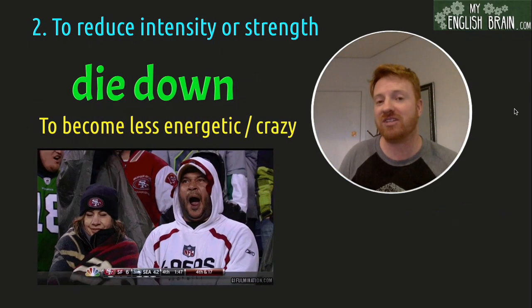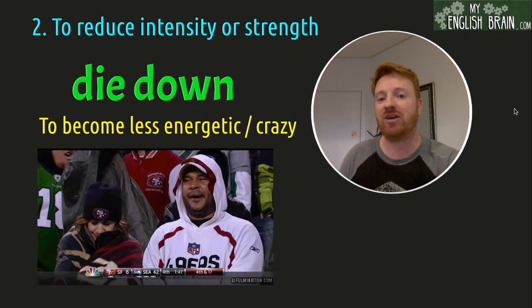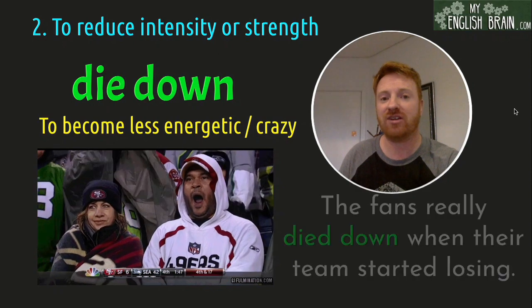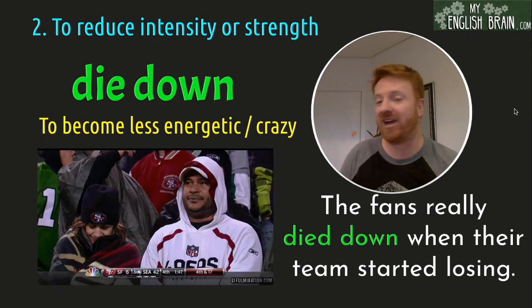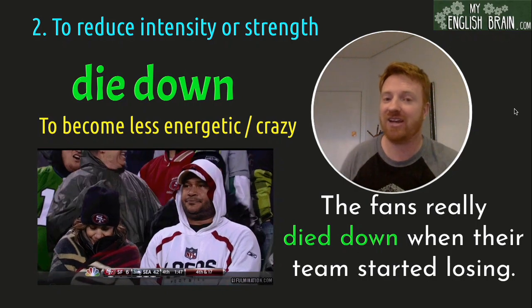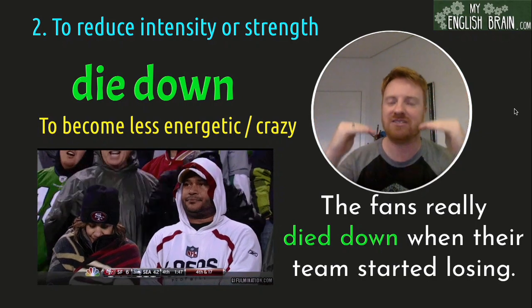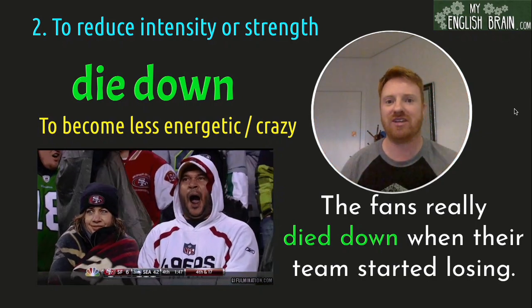We can also see this with the phrasal verb die down. Die down means to become less energetic or crazy. For example, the fans really died down when their team started losing. Again, the emotion and the craziness of the fans dies down when they start losing the game.